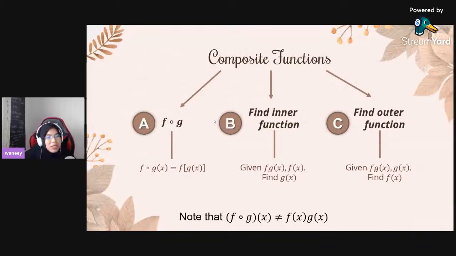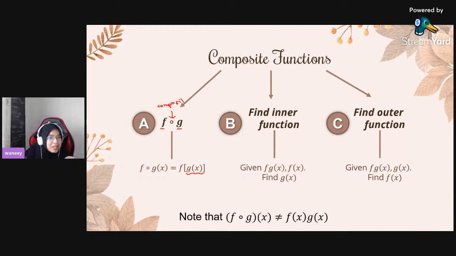Okay, so now composite function. If I can do a simplified version for composite function, I can separate them into 3 different cases. The first one is that they give you F and they give you G. They want you to simply do F composite with G. By definition, F composite with G simply means that we should substitute G into F. One thing you should take note, this is not the degree punya simbol, tapi ini adalah composite.